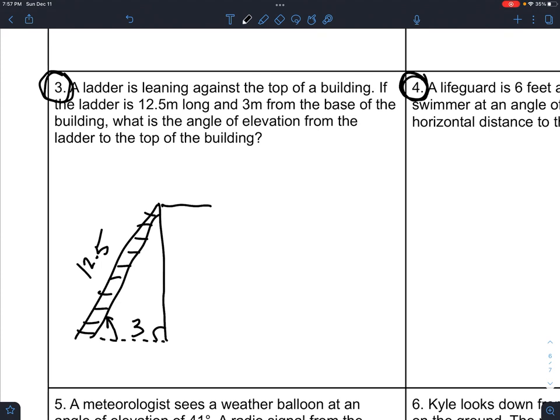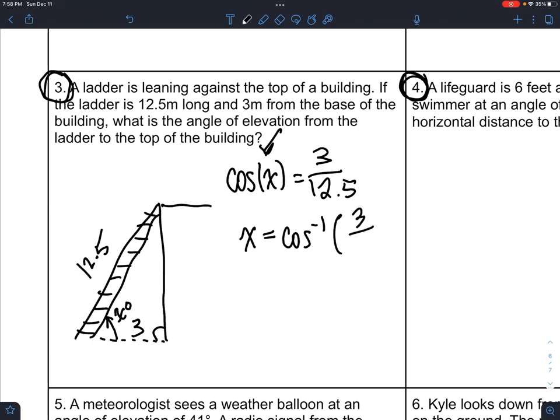Imagine if you had the ladder face first on the ground and you lifted it up. That's the angle of elevation, and we'll call that x degrees. We don't have the opposite, so we're forced to use cosine. Cosine of x is adjacent over hypotenuse. And when you have the x inside, remember that's the inverse. So x is around 76 degrees.